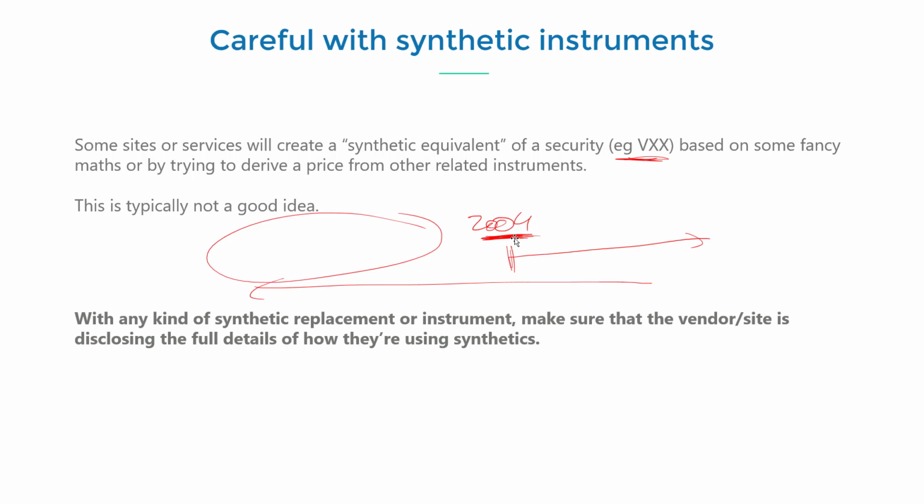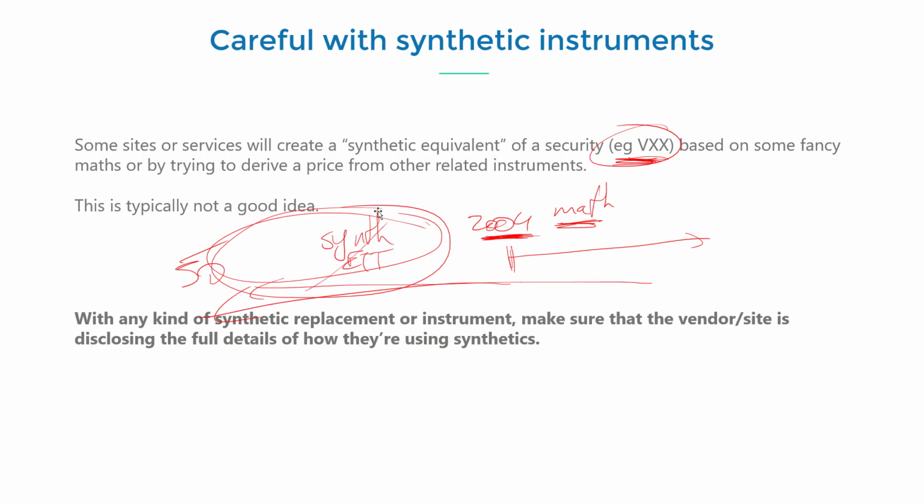So what some people then do is say, well, we understand the math involved in calculating this particular derivative, so we are going to replicate this math, create our own synthetic version of whatever that ETF is, and go back a huge portion of time, an additional 50 years. This stuff over here, I don't like at all, because it is complete fabrication.